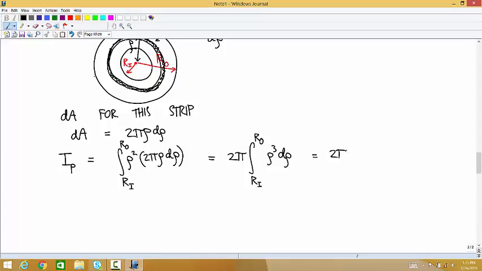That's equal to 2 pi times rho to the fourth over 4, evaluated from R inner to R outer. And so you get pi over 2 times R outer to the fourth minus R inner to the fourth.